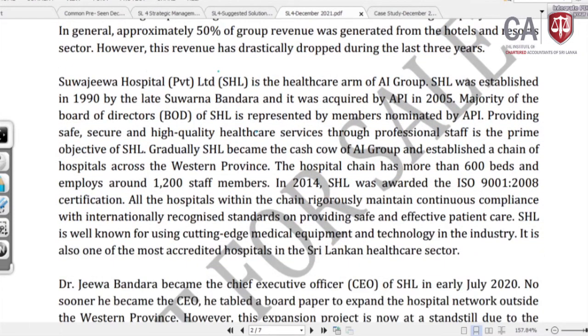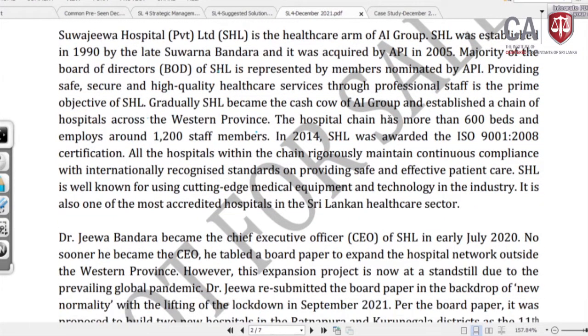Look at the second paragraph. Are there any parties we can identify? Board of directors of SHL, yes, that should be one of the stakeholder groups. Then any other? Staff members, employees should be an important stakeholder group.